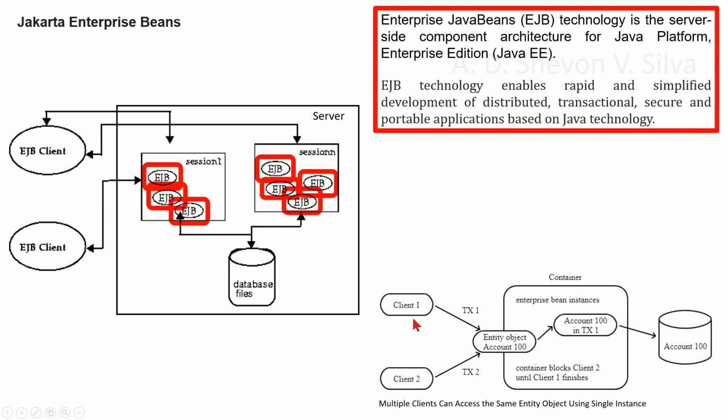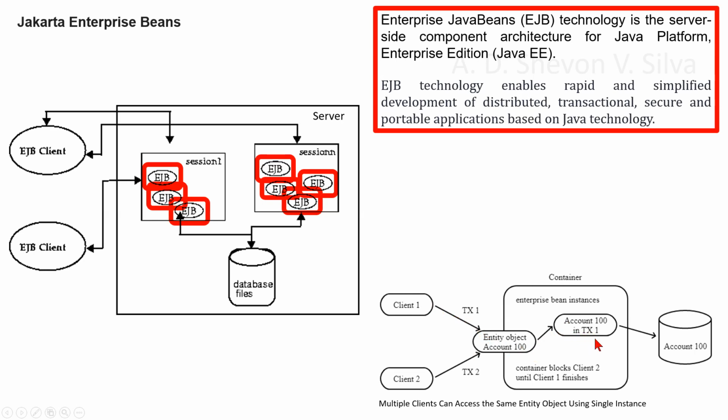Here you can see client 1 is connected to entity object account 100 via tx1. Client 2 is connected to entity object account 100 via tx2. Here entity object account 100 interacts with the container, and entity object account 100 is connected to account 100 in tx1 here.